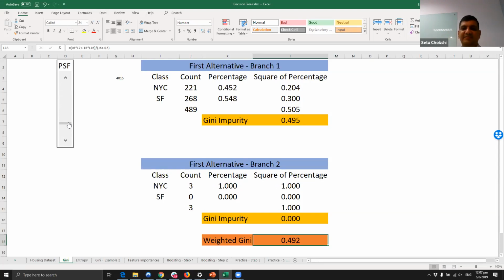Download the Excel file which I posted on Slack, play around with the values in the Gini tab, and tell me which PSF gives you the lowest weighted Gini index. And take a break for that, grab some water while you play around with it.